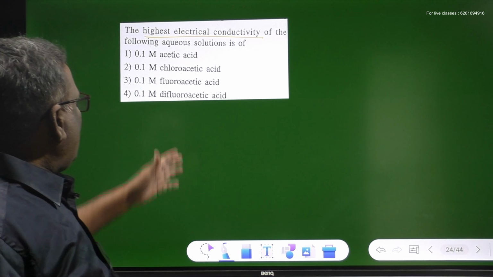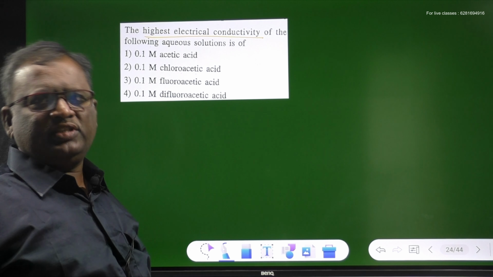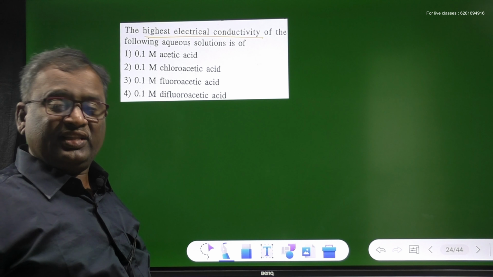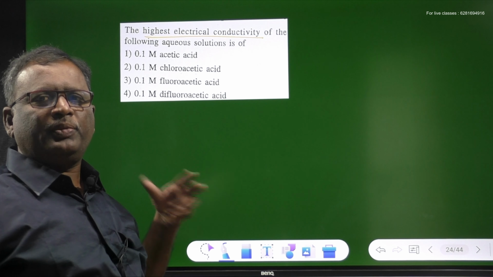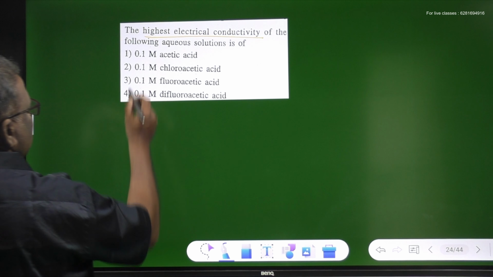Here all are acetic acid and the substituents of acetic acid, that means they are weak acids. But the ionization of acetic acid will depend upon several factors.